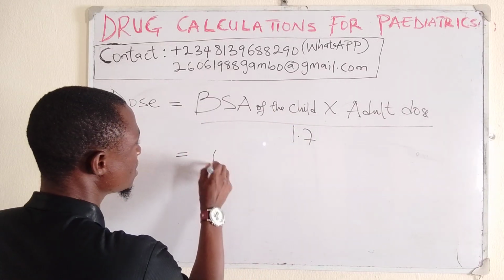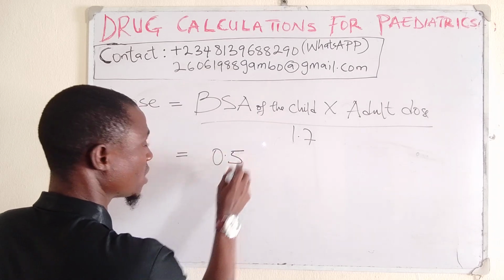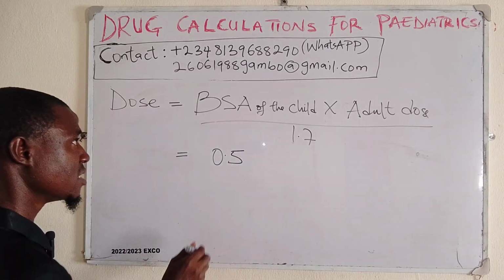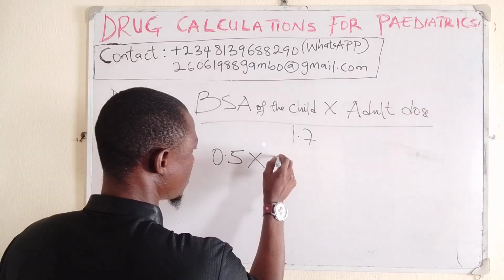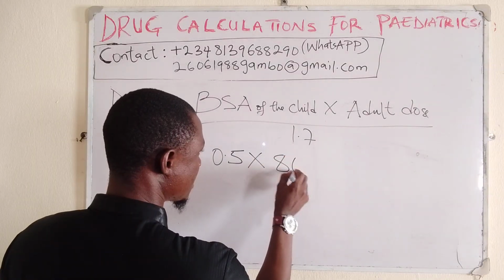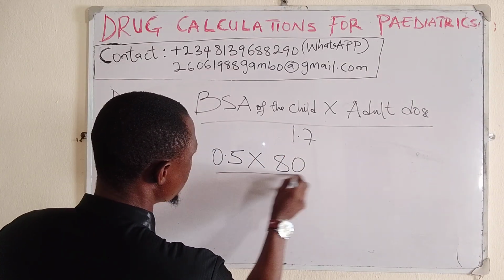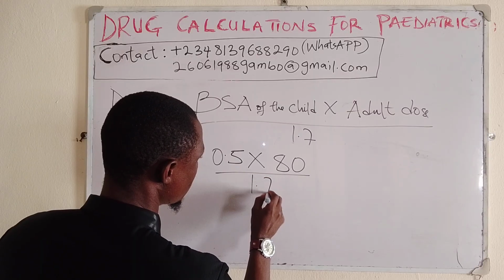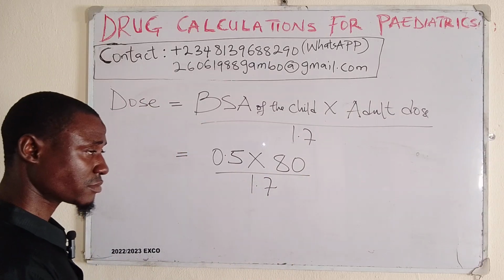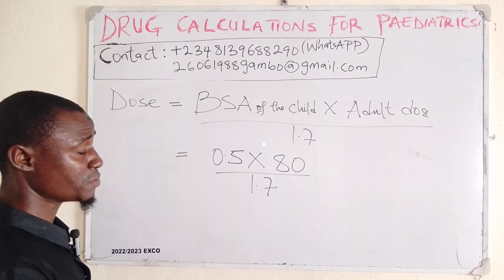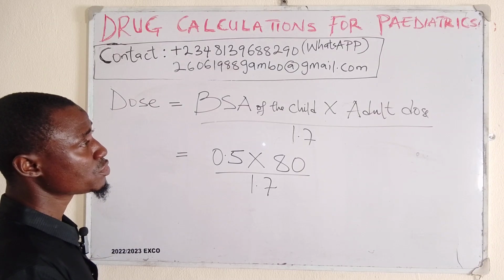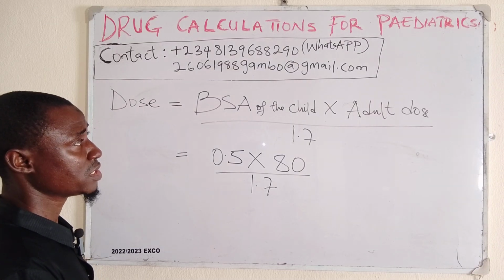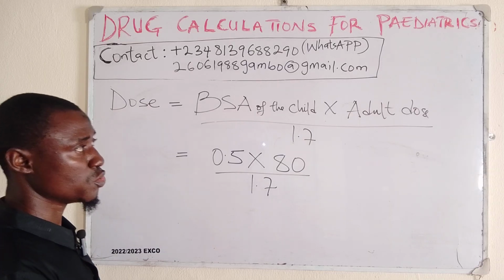So this will give us 0.5, which we calculated as the body surface area for the child, multiplied by the adult dose, which was given in the equation as 80 milligram, over 1.7. So this is the substitution. We have substituted correctly into the formula for calculating drug dose.